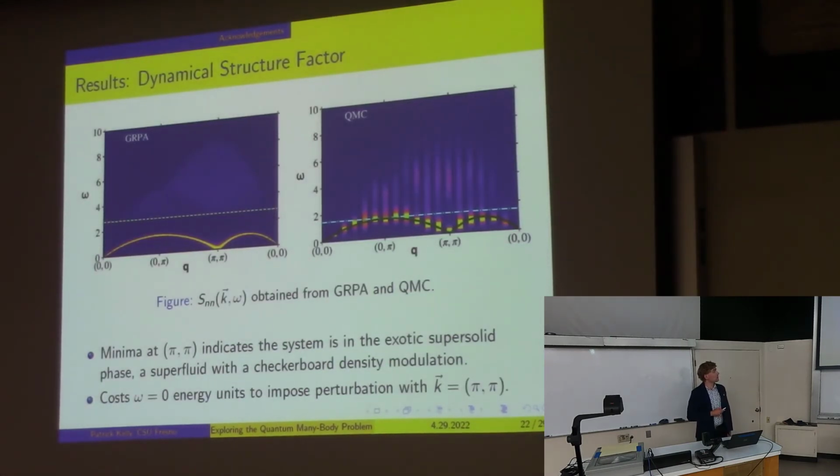And here are results from a paper republished in 2020. This is the GRPA, or BCS plus GRPA, level results. Here are the quantum Monte Carlo results. You'll notice that this is very smooth, whereas this is striped.